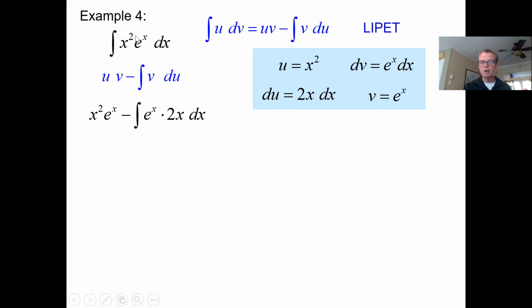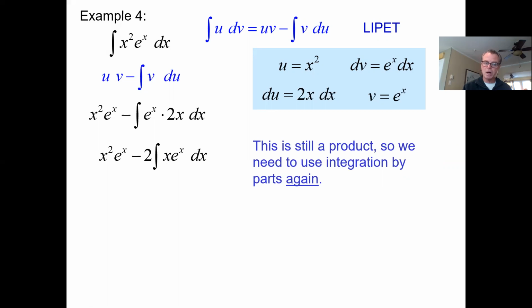All you really did here is you changed your question from having x squared e to the x to be integrated to, instead of x squared, 2x. You bring the 2 out, and you still have to anti-differentiate that integral.